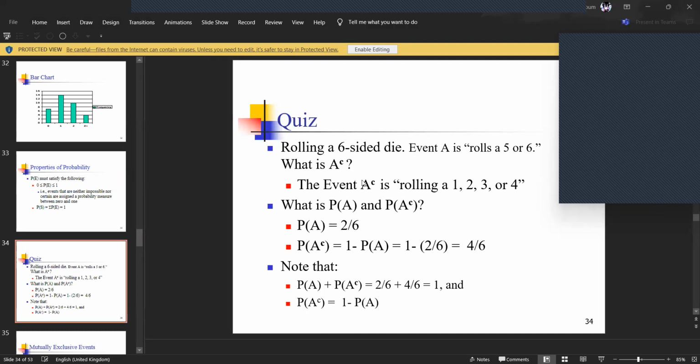The probability of A is the chance that we get a 5 or a 6, so that's 2 out of 6, because there are 6 outcomes when you roll the die, and 5 and 6 are 2 of them. And not A is 1 minus 2 out of 6, so it's 4 out of 6.